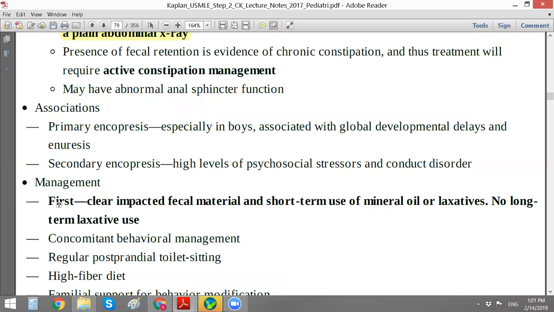Okay. Management is first to clear the impacted fecal material, with short-term use of mineral oil or laxative. No long-term laxative use.